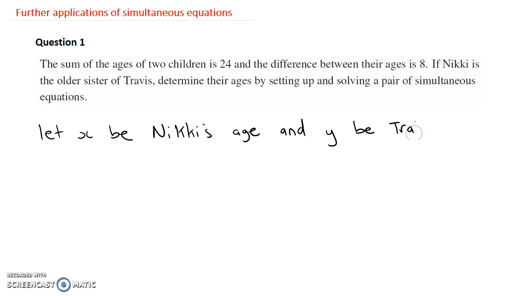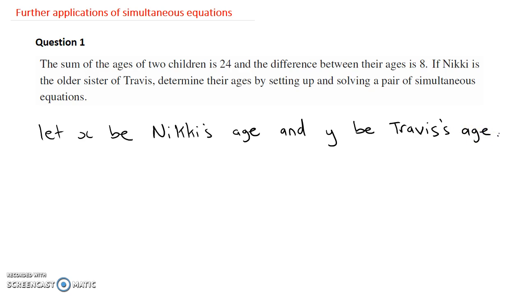Now it doesn't matter what variables you use. We could have used n for Nikki and t for Travis, but it's often easier just to work with x and y. So x is Nikki's age and y is Travis's age.